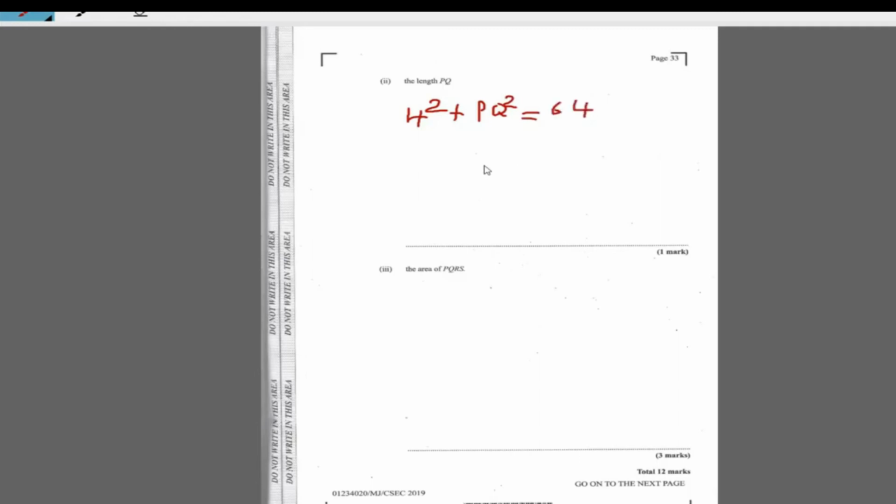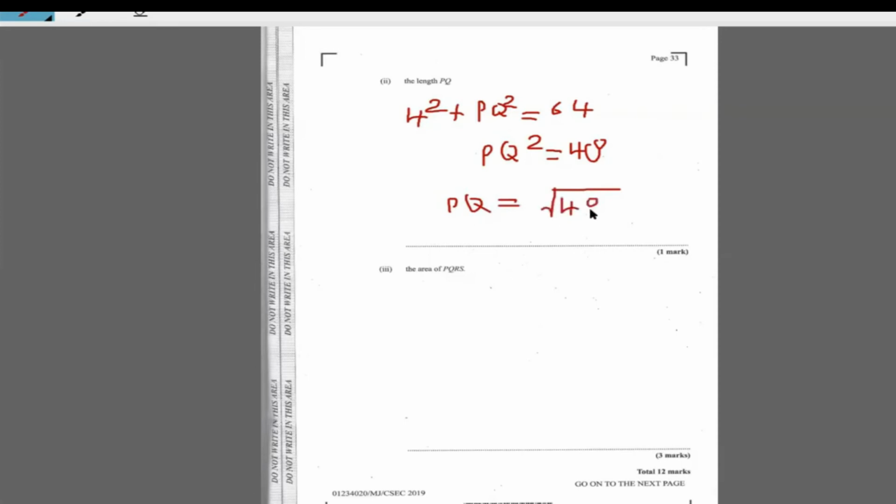So PQ squared is equal to 64 minus 4 squared, that's 48. And so PQ is the square root of 48. That is the length of PQ.